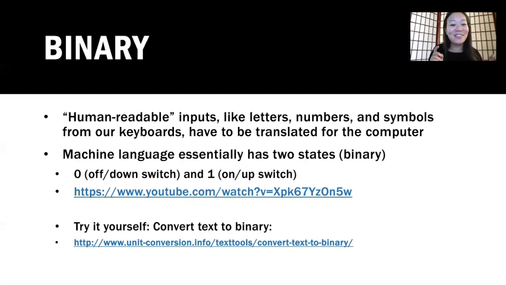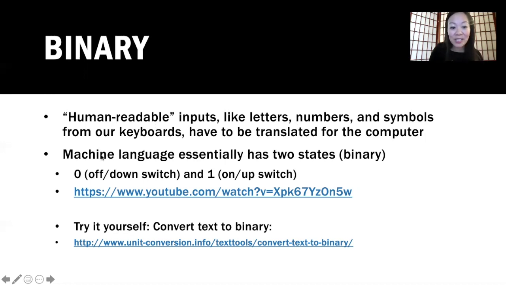Okay, so we're going to have just a quick little bit about binary here. Okay, so human readable inputs like letters, numbers, symbols, all of these things that you see on my screen here have to be translated for the computer. So we call these human readable because it's things that you and I can look at and understand easily. Like I can read all of these words here. But how does a computer interpret each of these things?